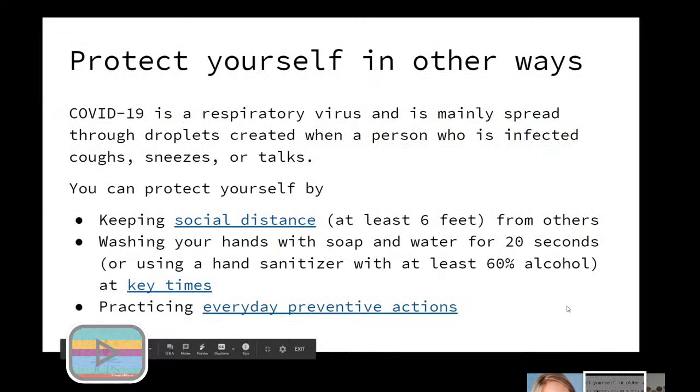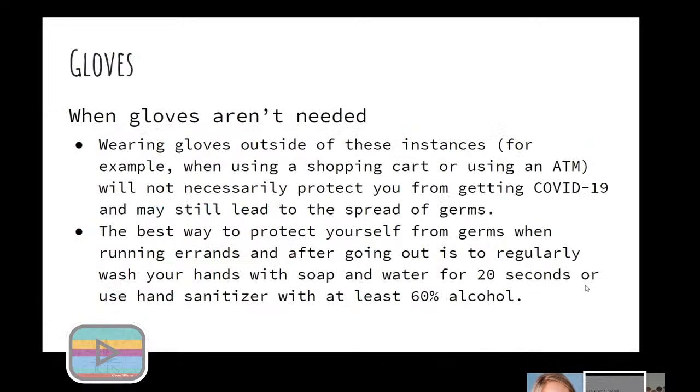So, other ways to protect yourself: social distance, stay 6 feet away from people, wash your hands with soap and water for 20 seconds or use hand sanitizer, and practice everyday preventive actions. Gloves: I see people out just wearing gloves, shopping or doing their everyday activities.